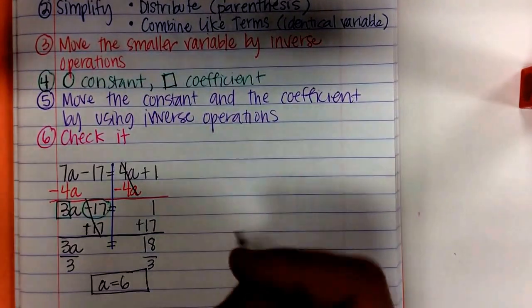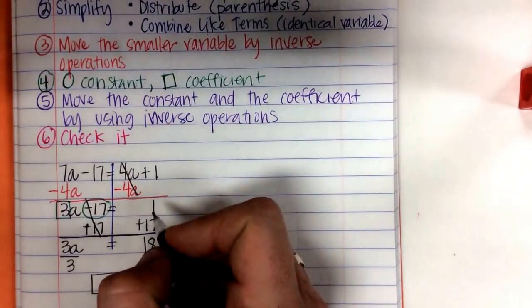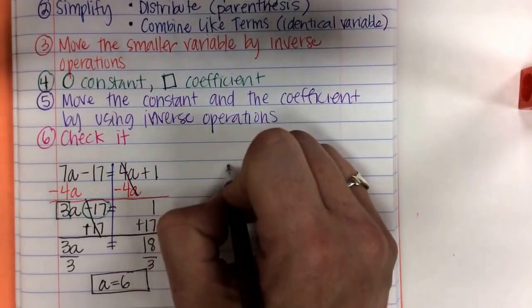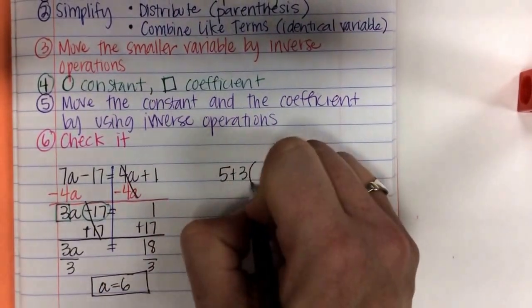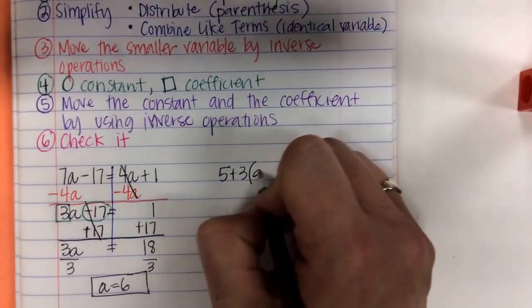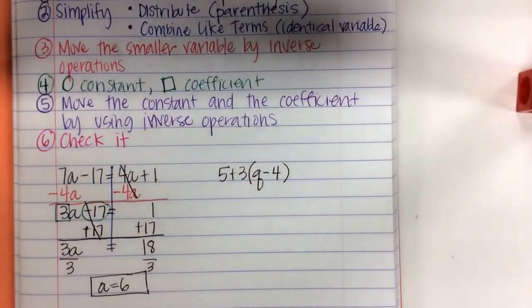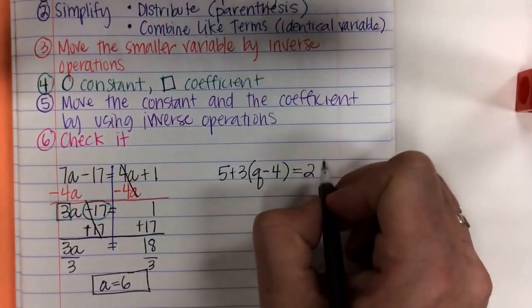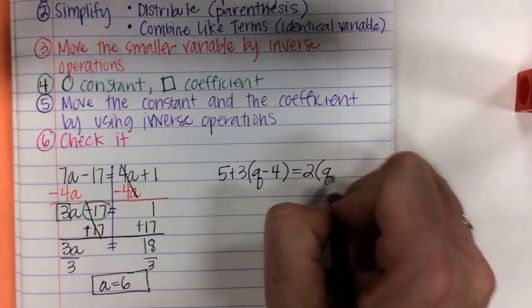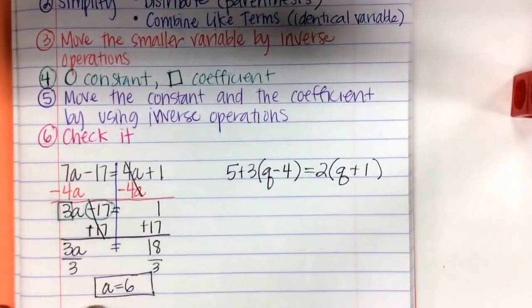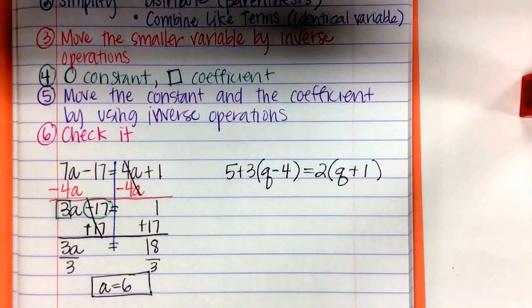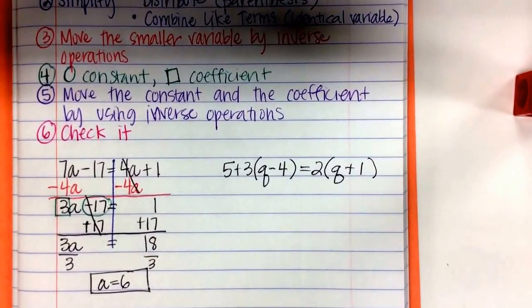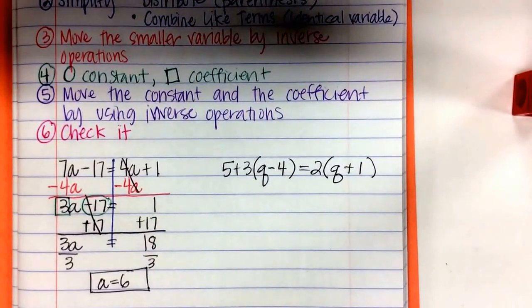Let's try a hard one. 5 plus 3 times the quantity Q minus 4 equals 2 times the quantity Q plus 1.